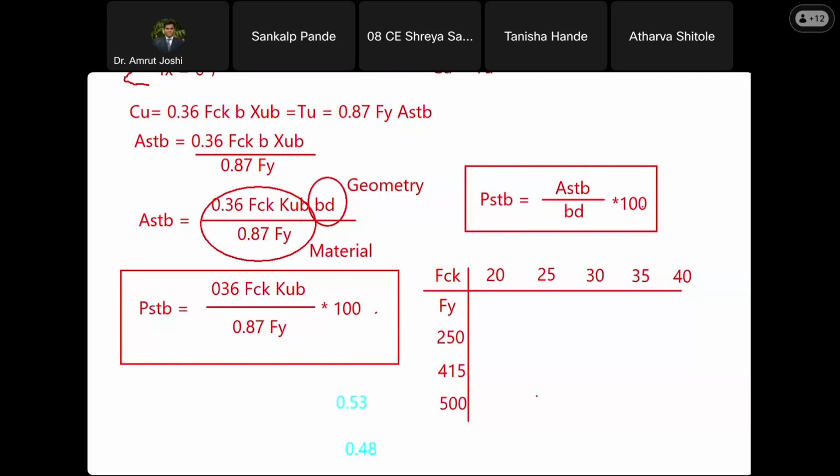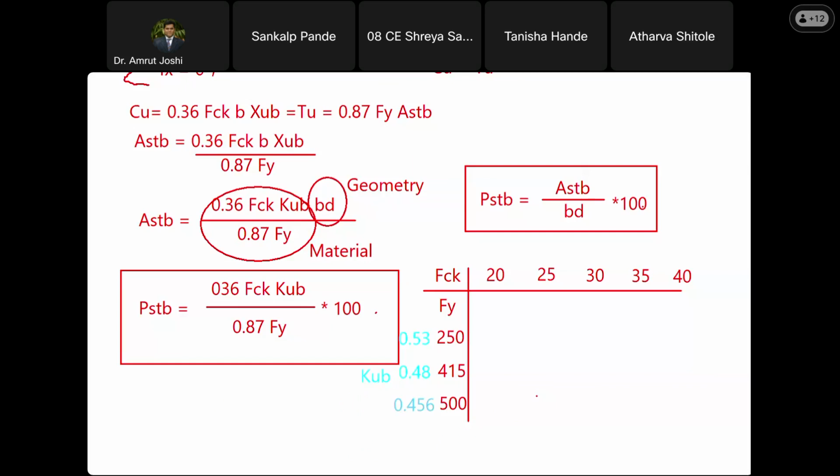These are the values of neutral axis factor mentioned for various grades of steel. For 250 it is 0.53, for 415 it is 0.48, and for 500 it is 0.456.